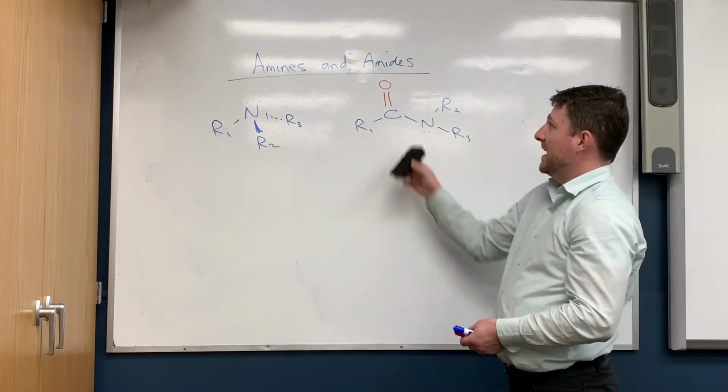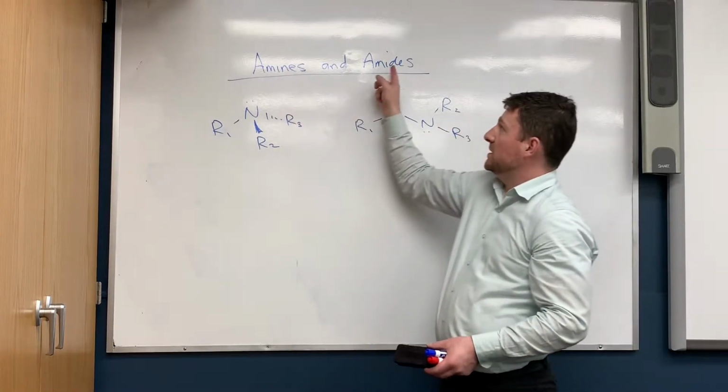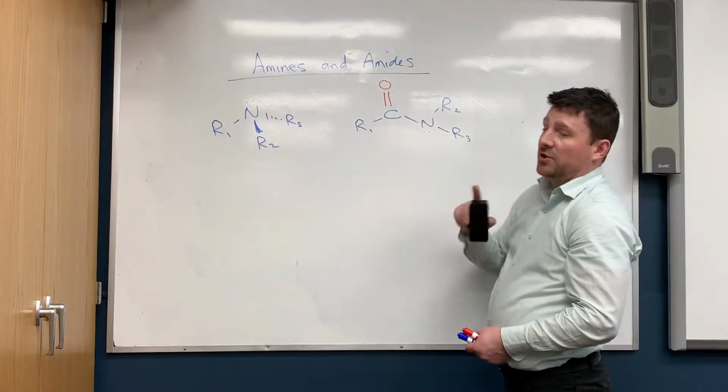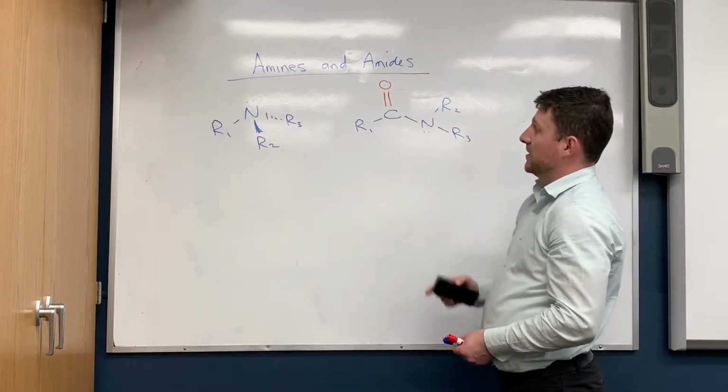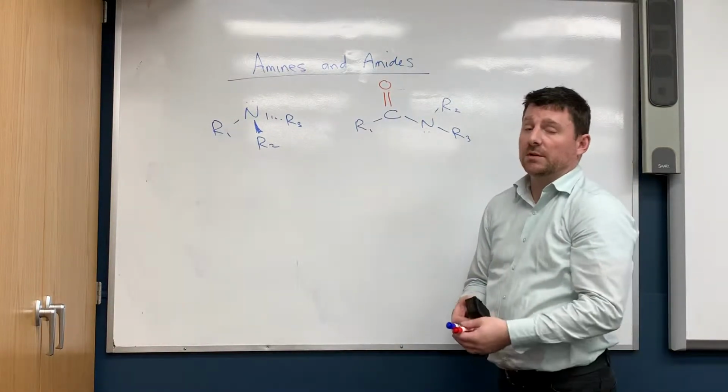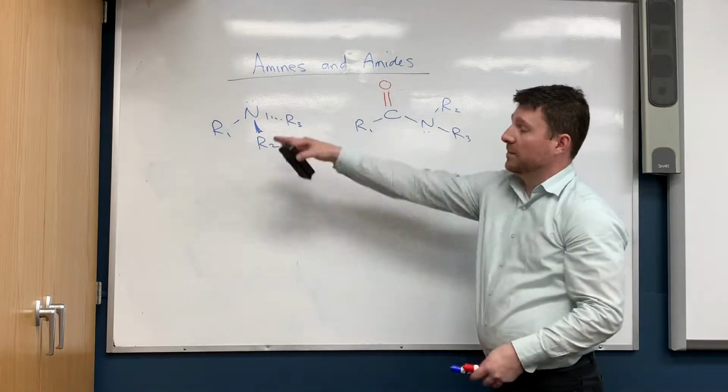Whereas an amide, we just change the N to a D, for amide. One of the carbon chains that is attached to the nitrogen, the first carbon has a double bonded oxygen to it. That's the difference from an amine.